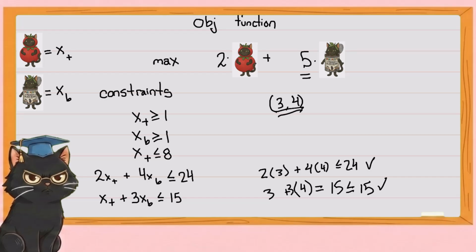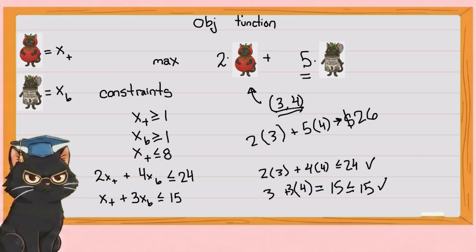Whether it's the most optimal solution or not is still yet to be determined, but we can plug it into our objective function up top, and we'd get 2 times 3 plus 5 times 4, which comes out to 26.